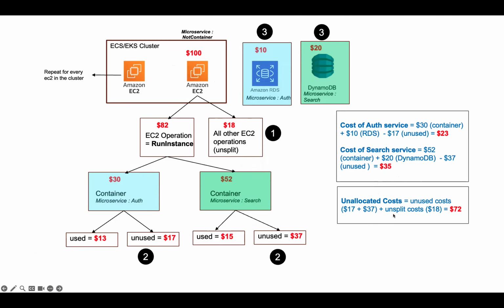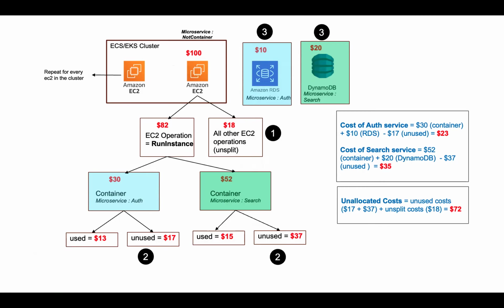So this is kind of what we want to do. We want to say, hey, what's the cost of this auth service, what's the cost of the search service, and what's left unallocated, and maybe I'll take the unallocated costs and just spread them 50-50 across auth and search, or maybe I'll allocate it to the IT department. I'll do something with those unallocated costs, but I need to figure out the cost of the containers.